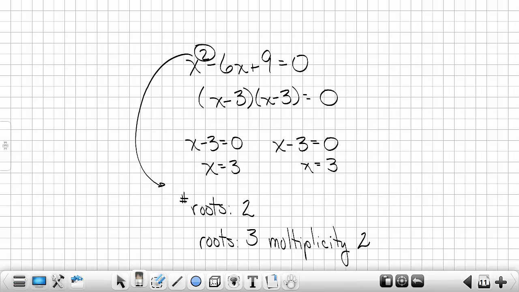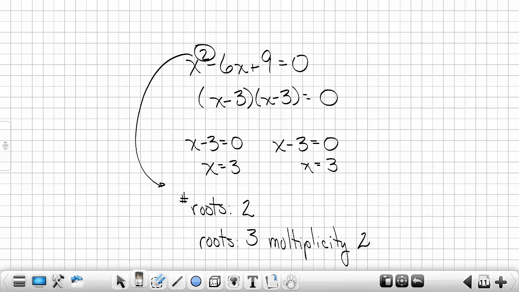I want you to think about your circuits. Complex numbers are always the form of a plus or minus bi, because complex numbers have a real part and an imaginary part to them. Real parts and imaginary parts. So in other words, we can have imaginary roots, right? We can have imaginary roots.